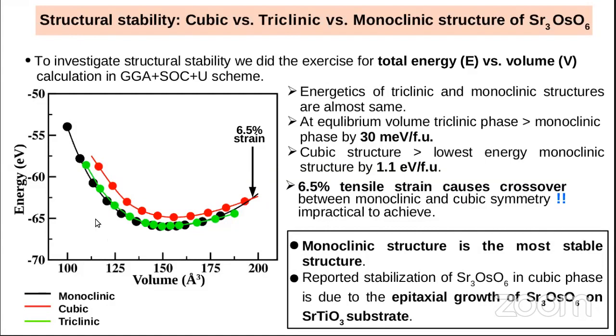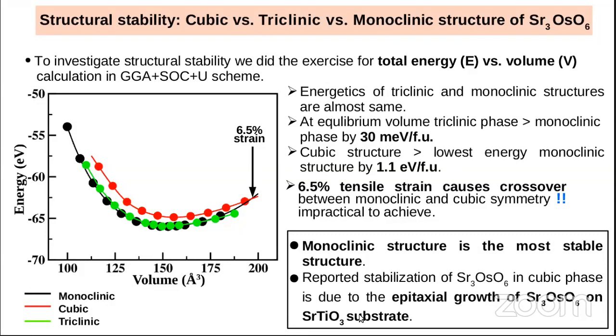From this diagram, we can see that the energetics of triclinic and monoclinic are almost the same, though the triclinic one differs from the monoclinic structure by an energy difference of 30 meV per formula unit at the equilibrium volume. The highest energy cubic structure differs from the lowest energy monoclinic structure by an energy difference of 1.1 eV per formula unit, and 6.5% tensile strain is required to make the crossover between the highest energy cubic structure and the lowest energy monoclinic structure. So from this calculation, we can argue that the monoclinic structure is the most stable structure of Sr2CrOsO6.